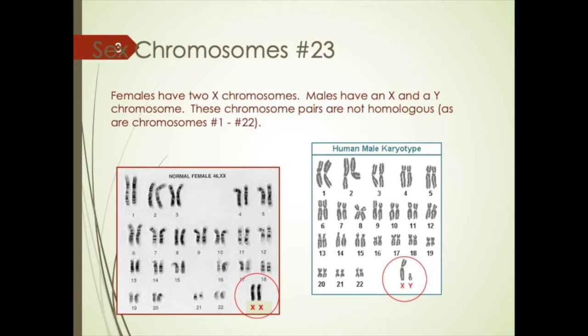Chromosome 23 is the sex chromosomes. That determines our sexes. So we have one X and then one Y for the male sex, then one X and then the second X for the female sex.